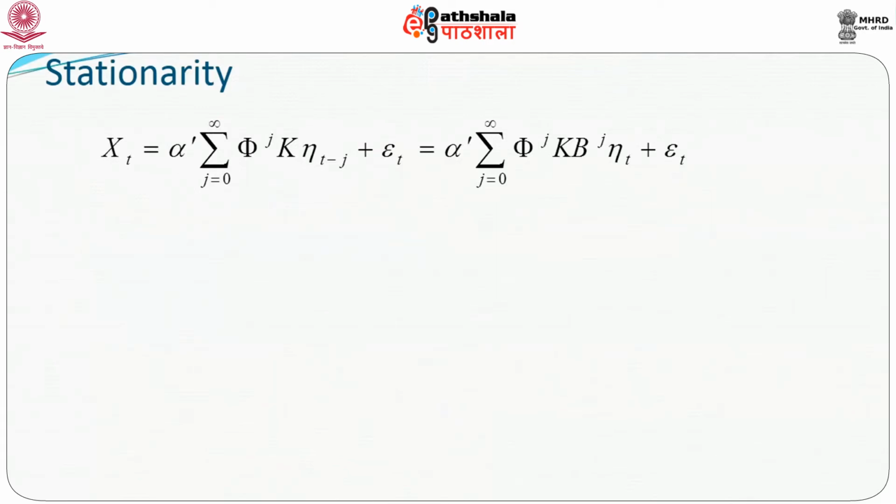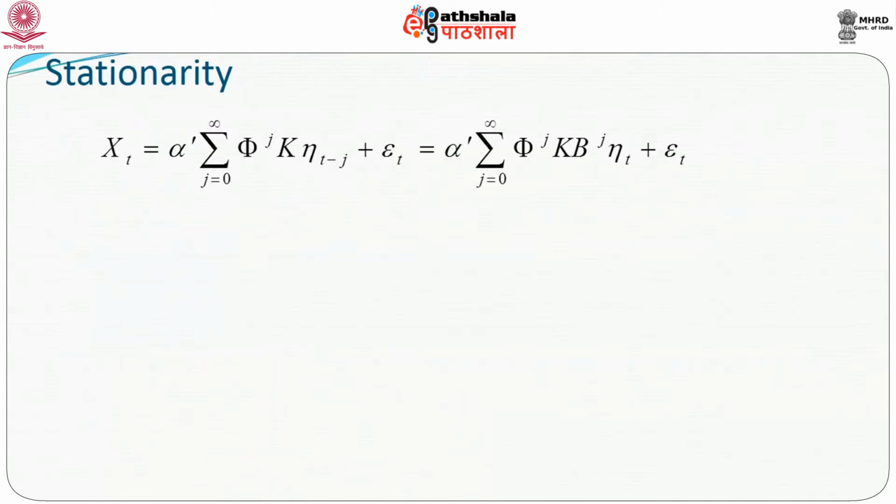And if we use the backward shift operator B, then we can write eta_{t-j} as B^j eta_t. So, we can make this representation of x_t. Of course, we have the error term epsilon_t as well.